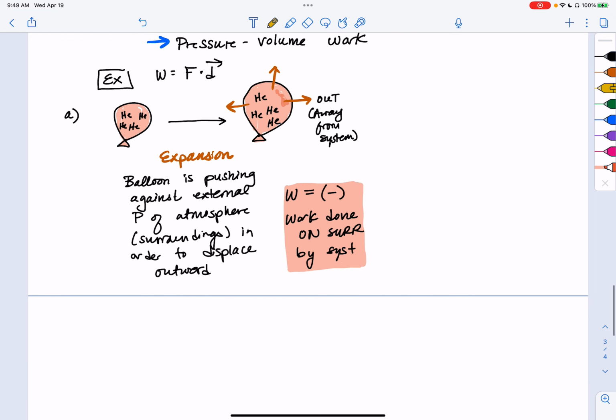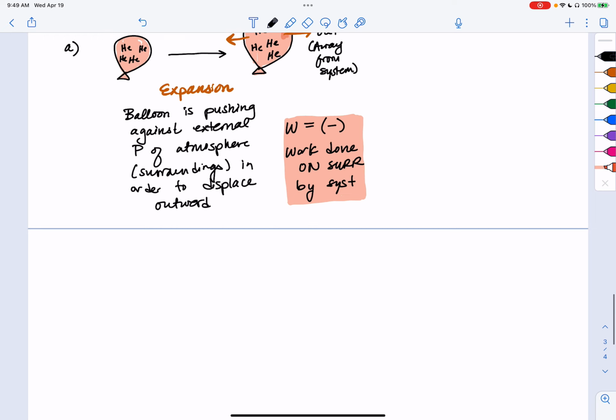So that's expansion. What if we were to look at compression? Compression would be the exact inverse. I've got our balloon of helium, which undergoes some kind of change such that its volume is diminished now.